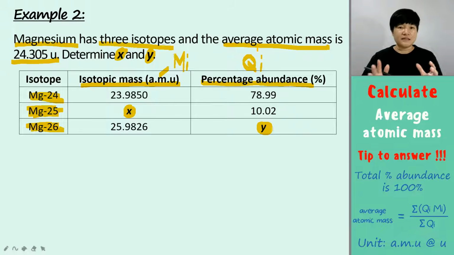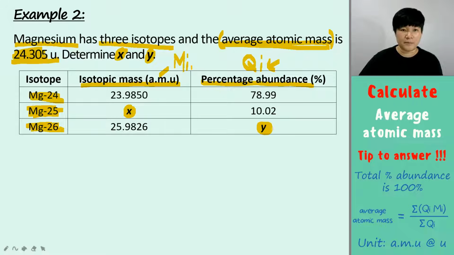So, slightly different from example 1 just now. In this example, we are looking for the Mi of one isotope and the Qi of another isotope with the average atomic mass given. Okay, can you see the difference? But the question is still talking about average atomic mass, Qi, and also Mi.